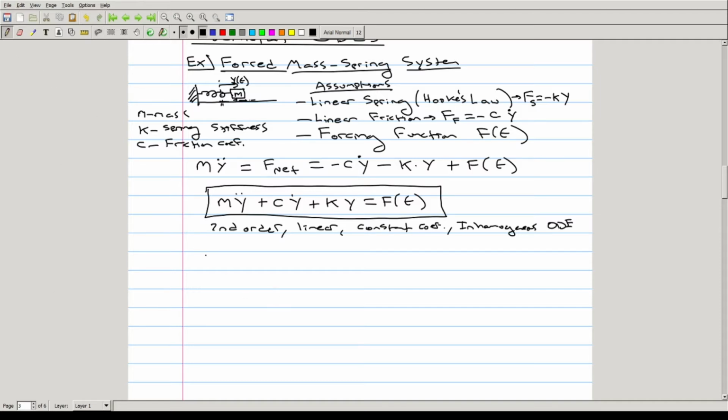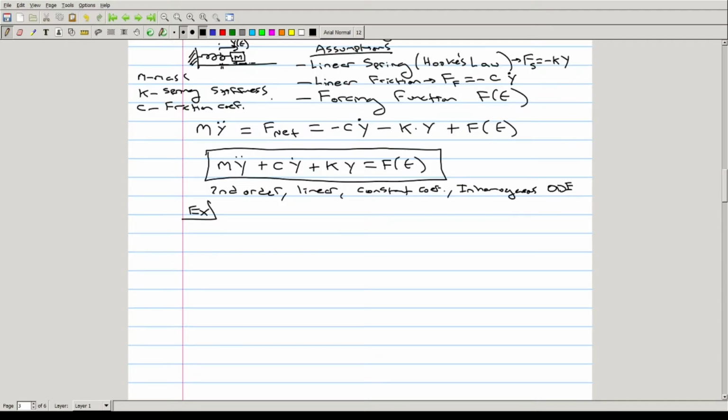So I want to give you another example, which is chosen based on its very, very close similarity to the mass spring system, but very, very far difference from the mass spring system in terms of where the differential equation comes from.